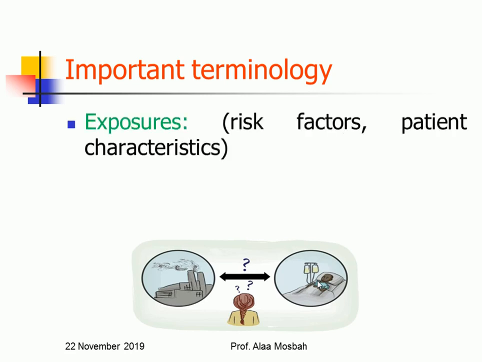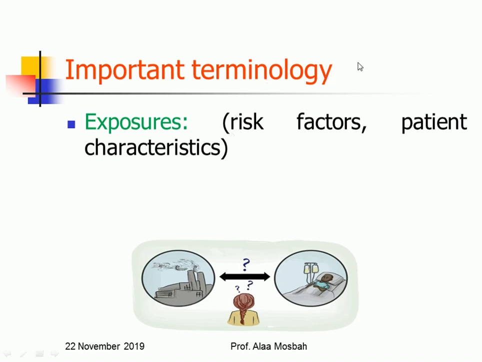So exposure could be risk factors or patient characteristics. What is meant by patient characteristics? For example, obesity could be an exposure. Risk factors like air pollution, like insecticides, or certain problems facing a person.